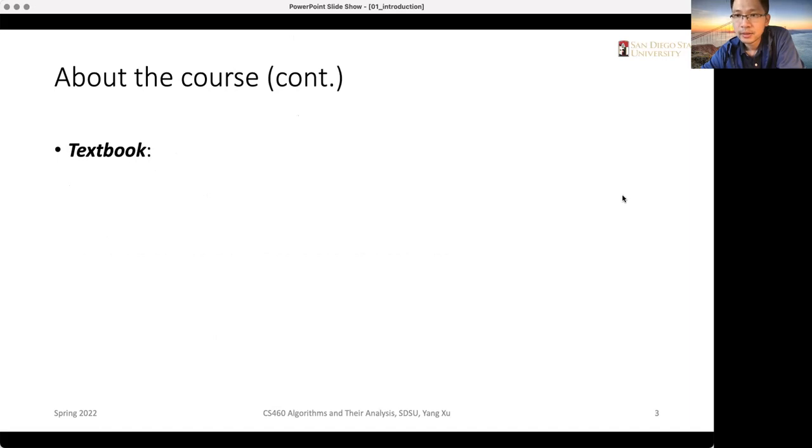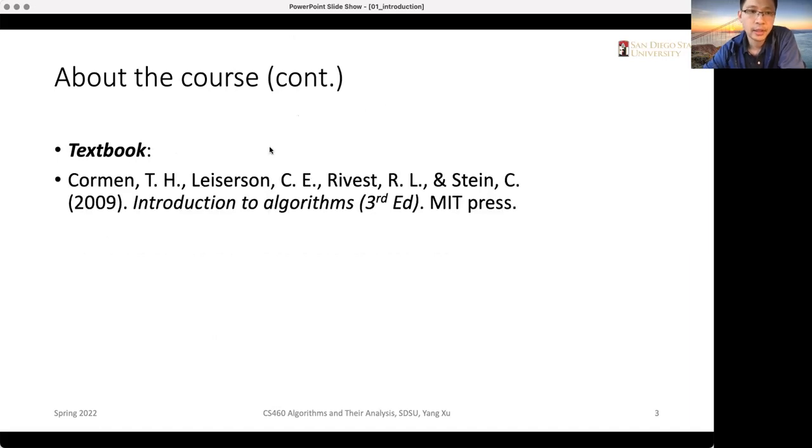Okay. So here comes the textbook. We will use Cormen's Introduction to Algorithms, MIT Press. It's the 3rd edition. It's a very good book, thick, okay, very verbose, with a lot of details, math, and very detailed explanations for algorithms, okay. How I organize the contents in my slides is basically based on the textbook, okay.